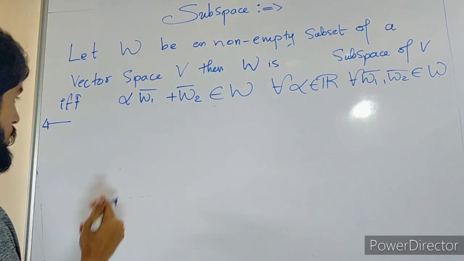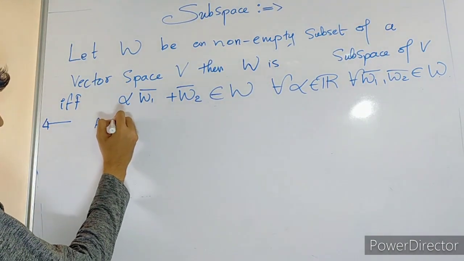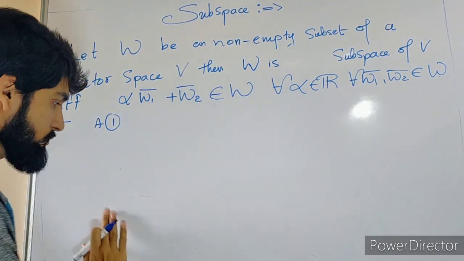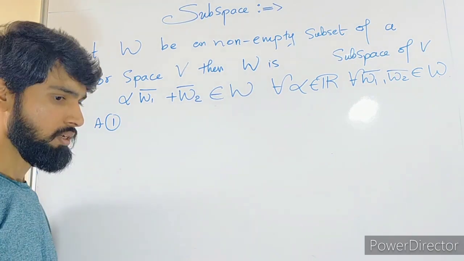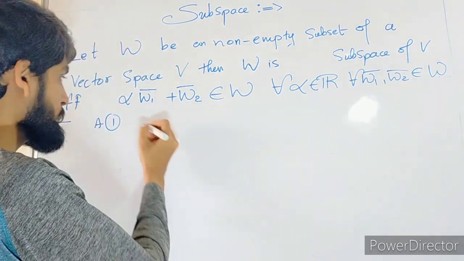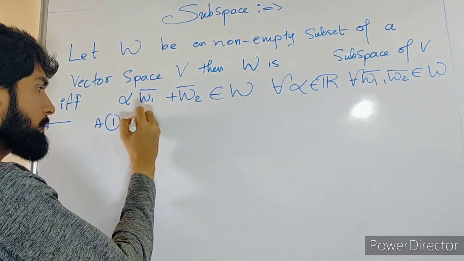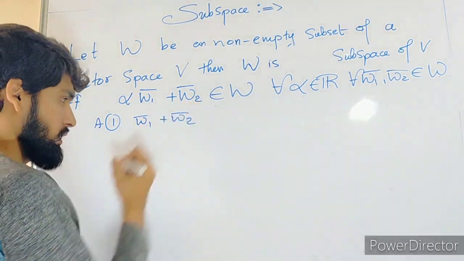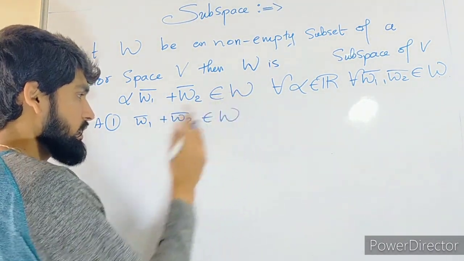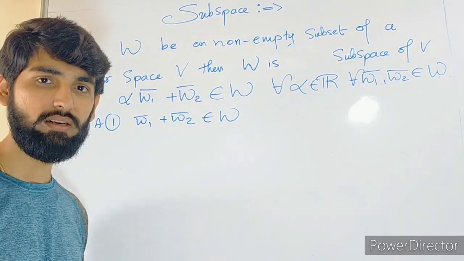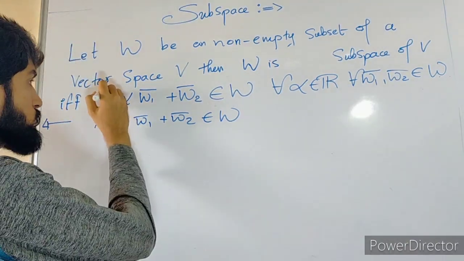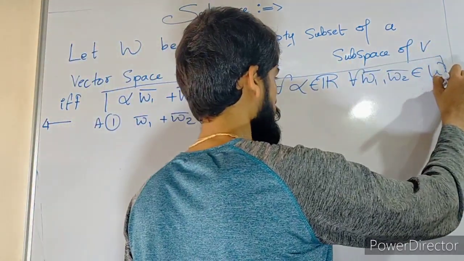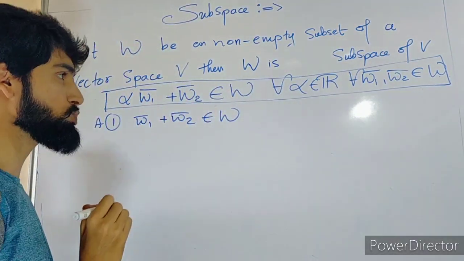So the first condition, A1. What was A1? It was about closure under the binary operation. If I consider any two elements, W1 bar plus W2 bar, if I add them, will it be inside W? Make sure you know that this condition is true now. For the converse case, this is true.